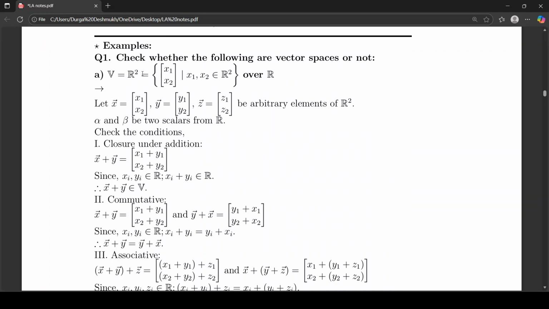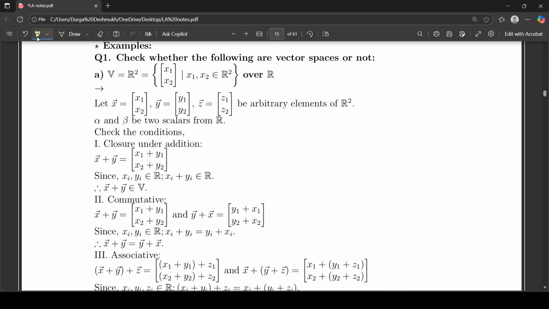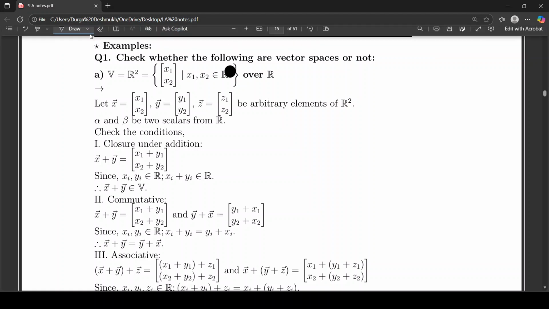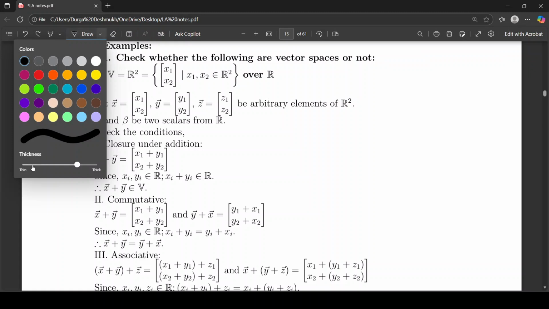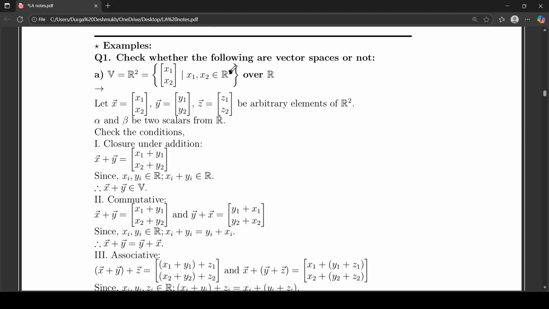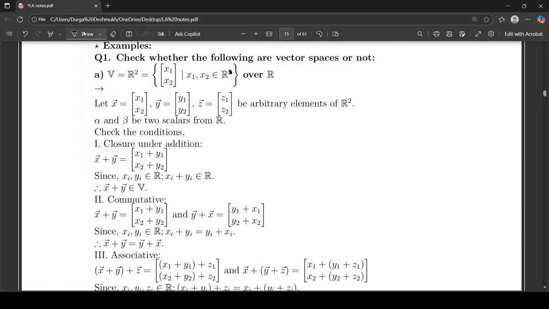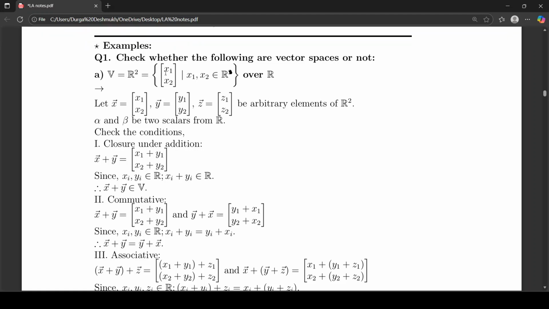So here the set is R2, that is all the elements of R2 over the field R. For all the elements in R2, let x, y and z be 3 arbitrary elements of R2 and alpha and beta be 2 scalars from the field R. To check the conditions, we will just operate the given condition on these arbitrary elements and scalars.